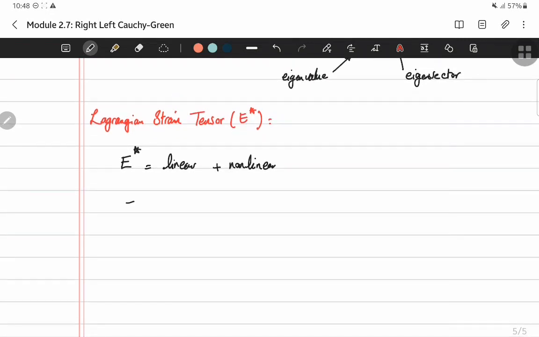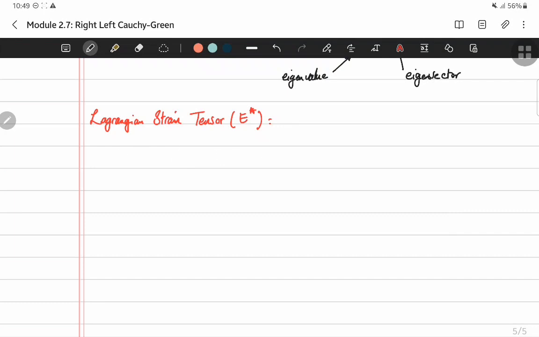In the infinitesimal strain tensor, we neglected the nonlinear part and only had the linear part. Now we're going to discuss this E star, the Lagrangian strain tensor, and using it, we're going to formulate the large deformation strain tensor.